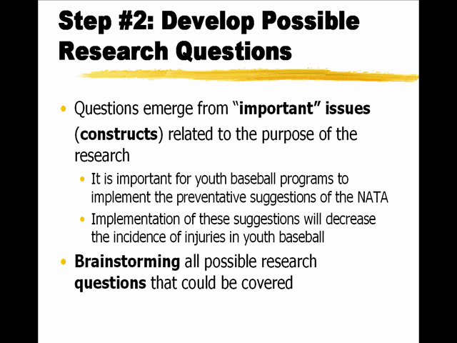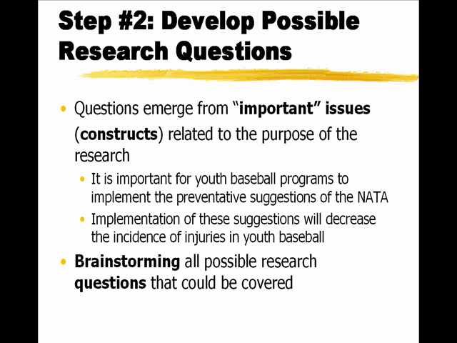So in step 2, we develop possible research questions. We haven't got to the final research question yet; we're still in the developing stage. Questions emerge from the important issues, and these important issues are called constructs, which are the important issues related to the purpose of the research. For example, it is important for youth baseball programs to implement preventable suggestions of the National Athletic Trainers Association, or the NATA.